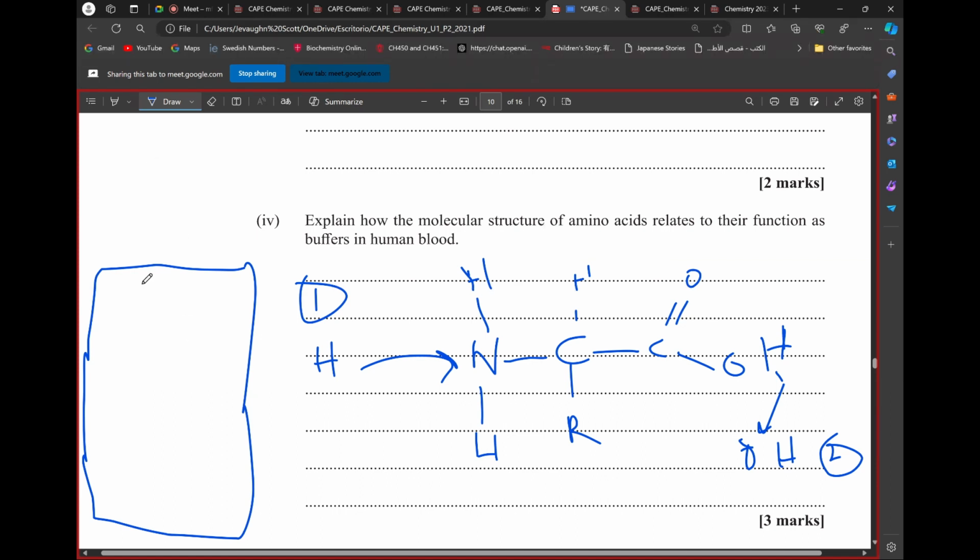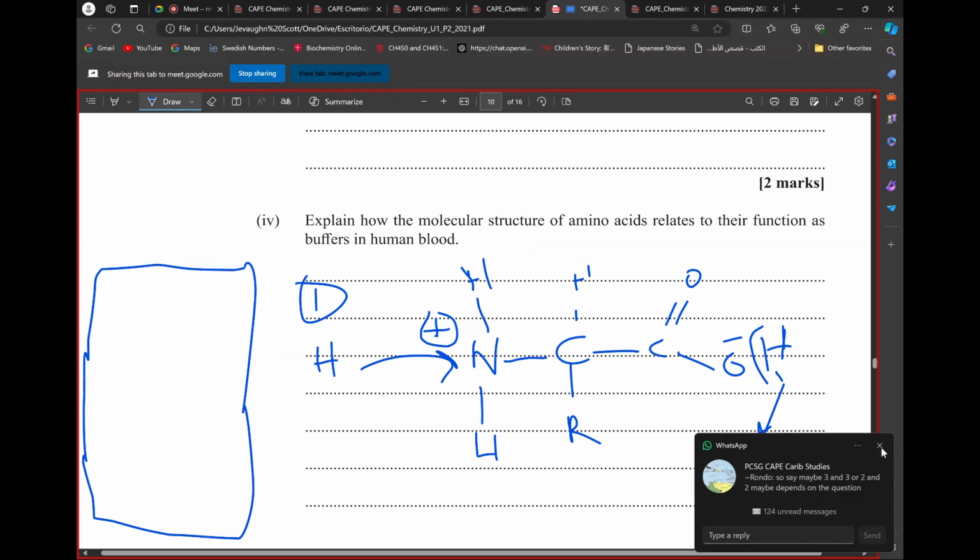When the hydrogen leaves, we're going to have a negative part here and a positive part there. So it exists as a zwitterion with that type of structure. And when it is in the blood, because it is a zwitterion, it can either accept a proton or neutralize a base. So it has both of those capabilities. Go ahead.